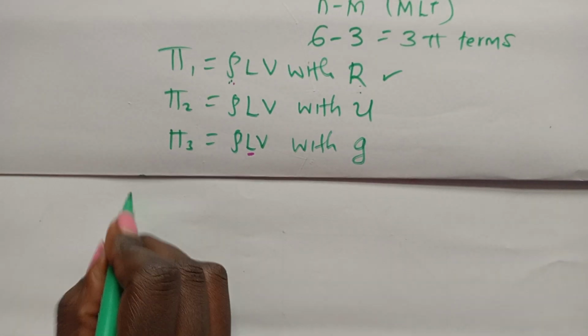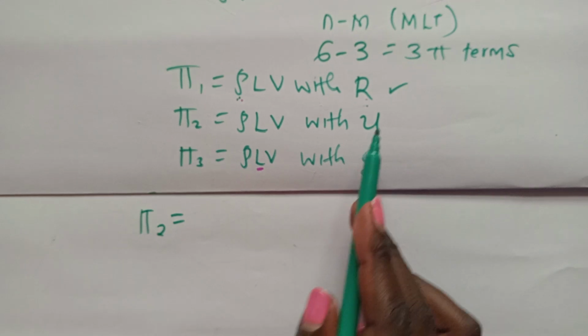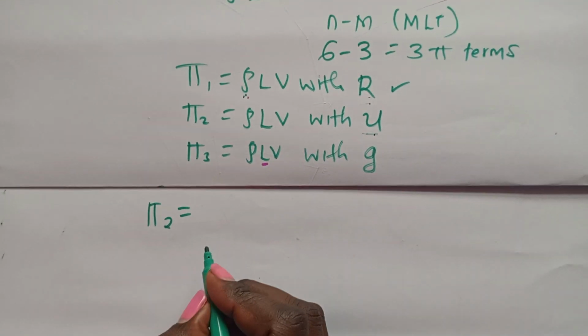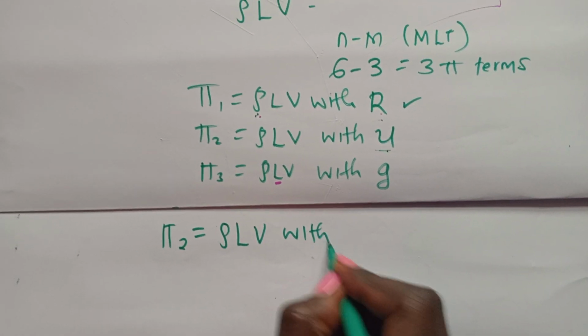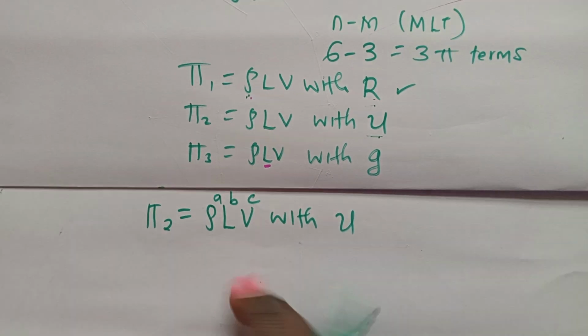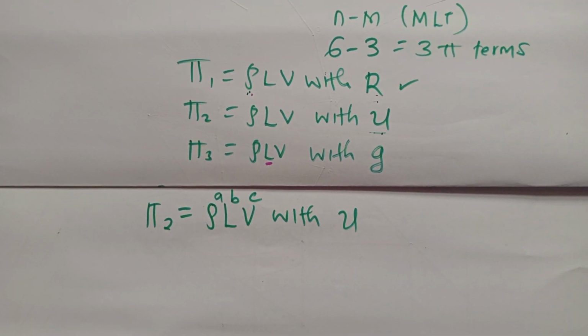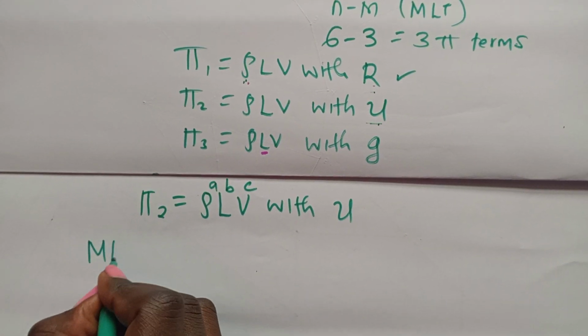So now we go to our pi number 2, pi 2, which we have as rho LV with mu. So we're going to raise this to A, B, and C, their powers to A, B, and C. Let's begin by giving our primary dimensions.